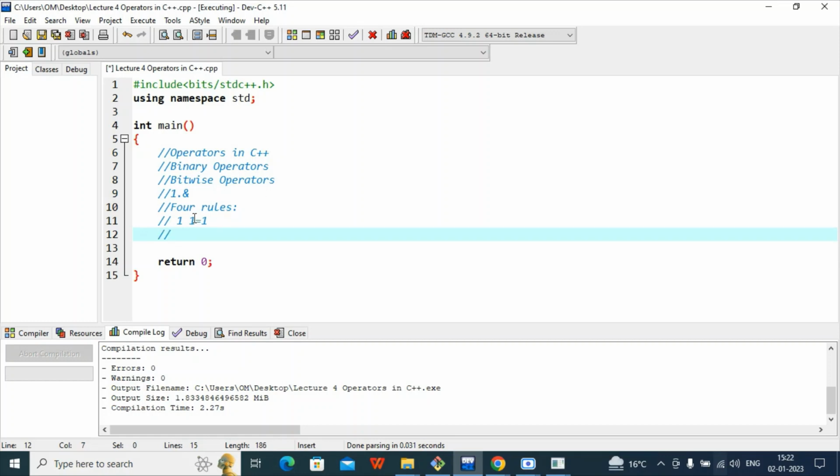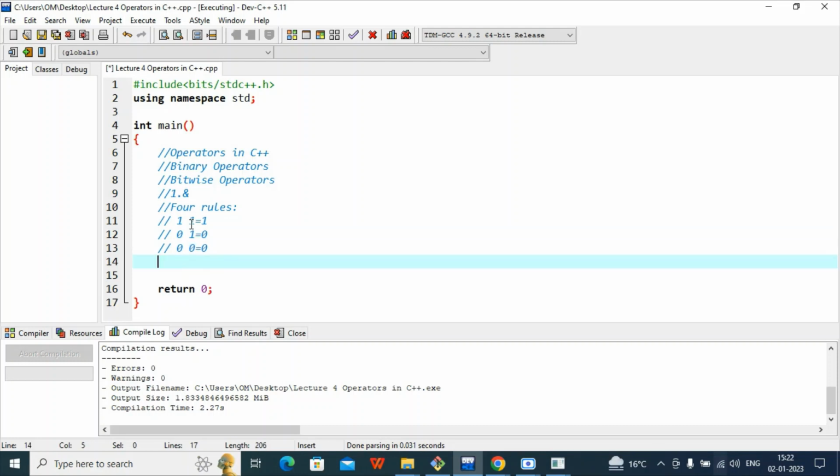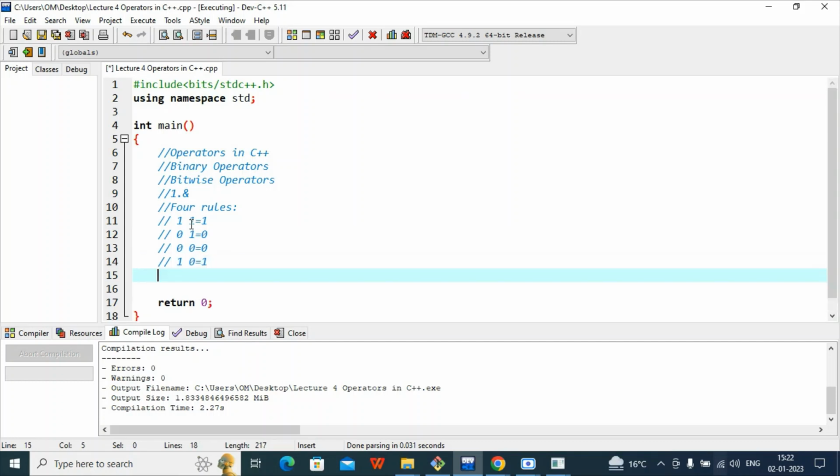I'll tell you what this is, don't worry. 0 and 1 is 0. 0 and 0 is 0. 1 and 0 is also 0. It only accepts when both are 1.